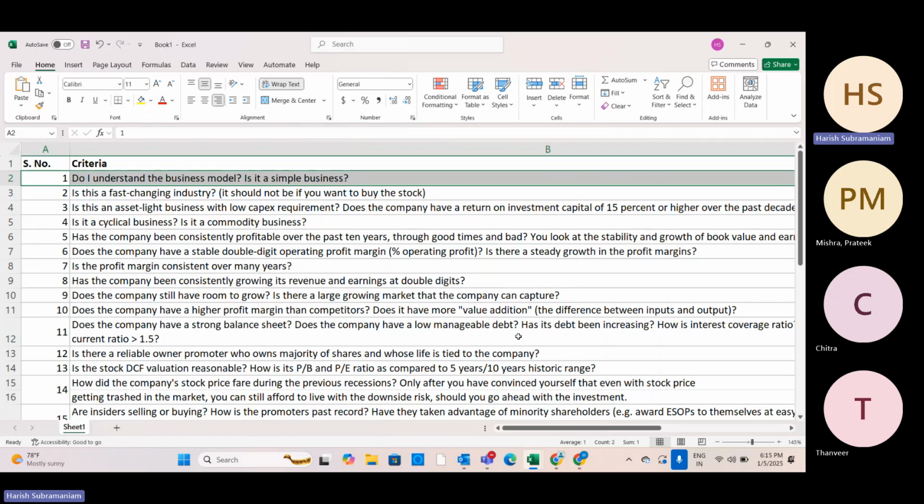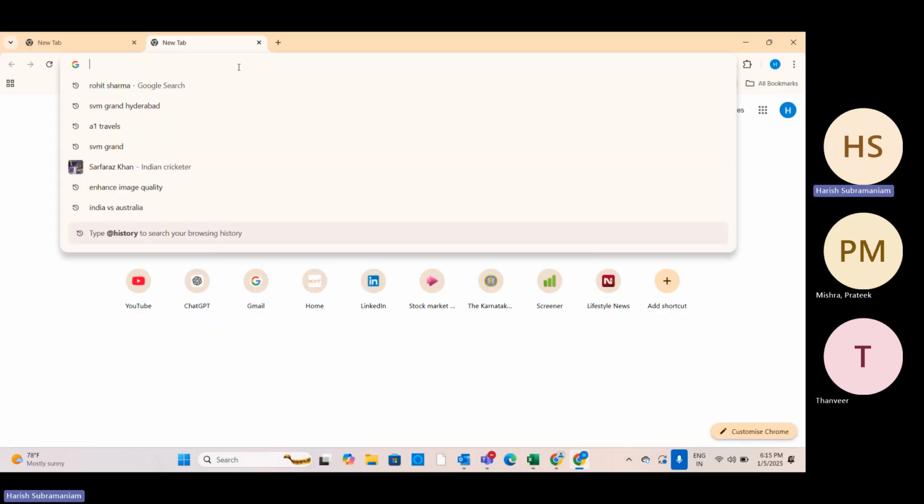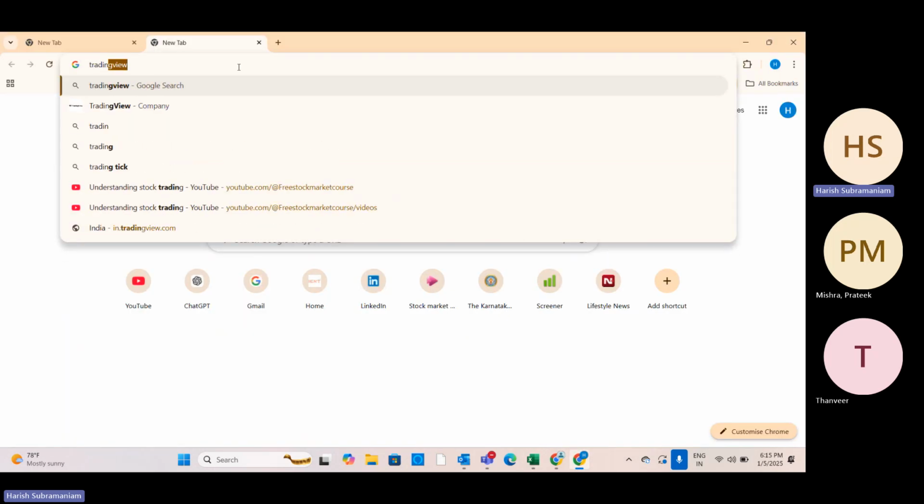So even if we look at someone like Warren Buffett, who's supposed to be the greatest investor or one of the greatest investors, we'll see that, for example, in the tech world, he has mainly invested only in Apple, but there are so many other tech companies which have done well between, say, 2010 to 2020. So let's just see a few tech companies.